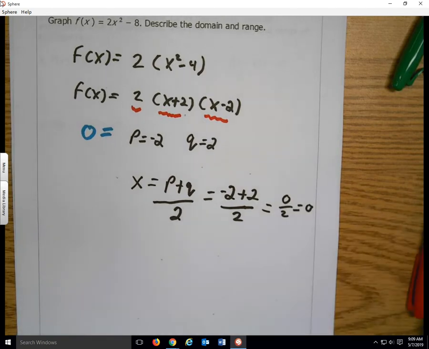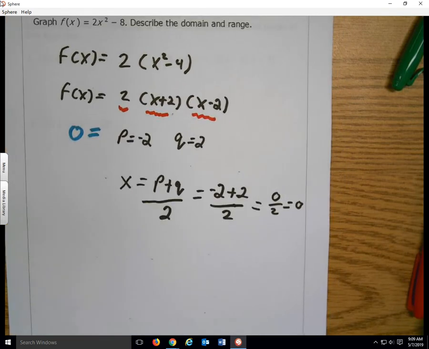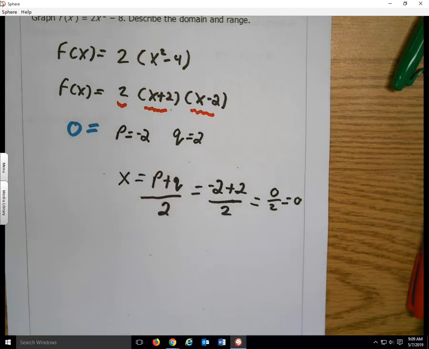So the axis of symmetry this time is, well, it's kind of easy. It's just 0, right? So we have the axis of symmetry, and we also have the intercepts. So the intercepts here. Let's talk about that just to make sure that's understood.